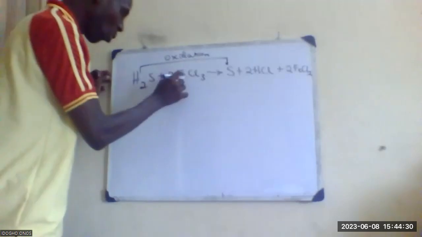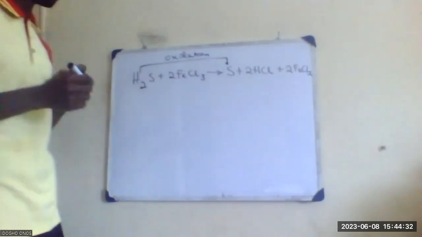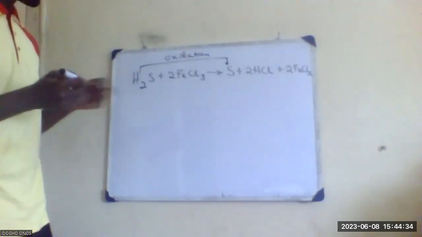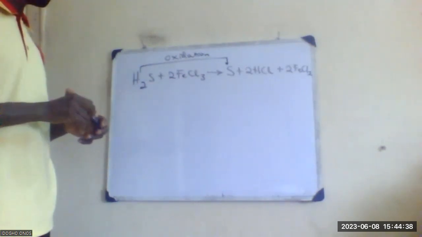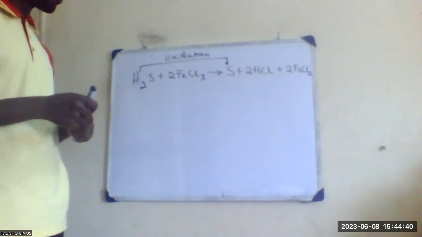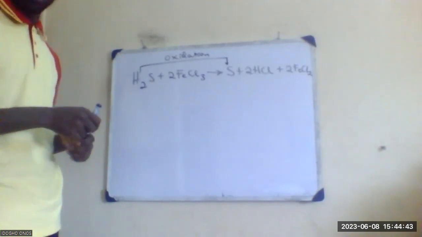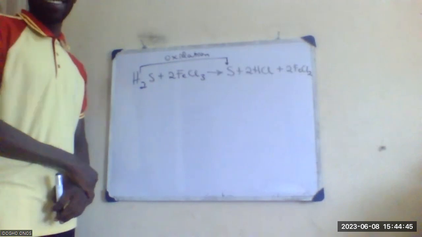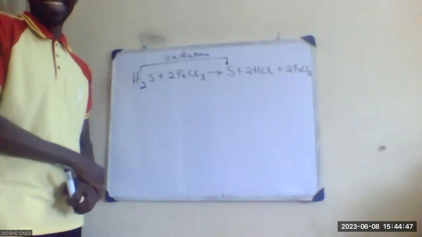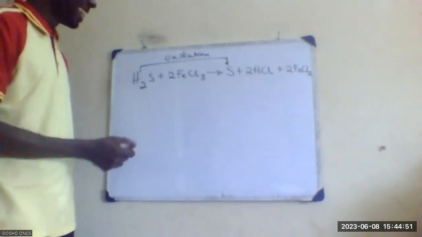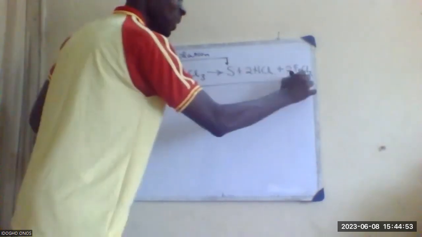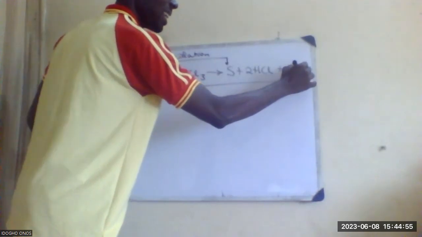Now this one, where do I now link this one to? We are linking it to FeCl3. Where do we take it to? I should link it to this thing, FeCl2.